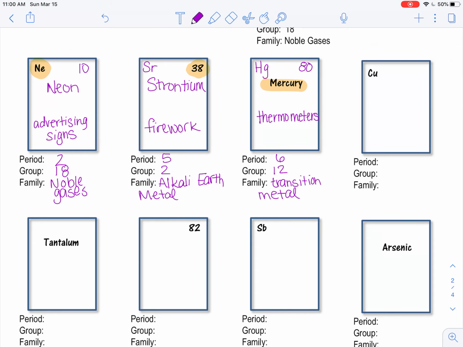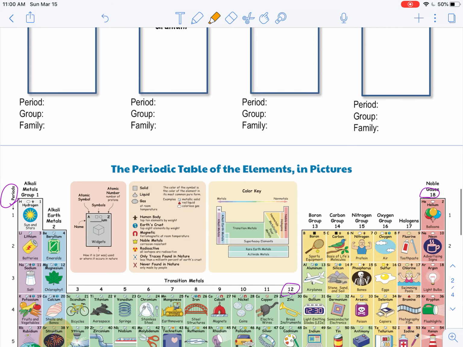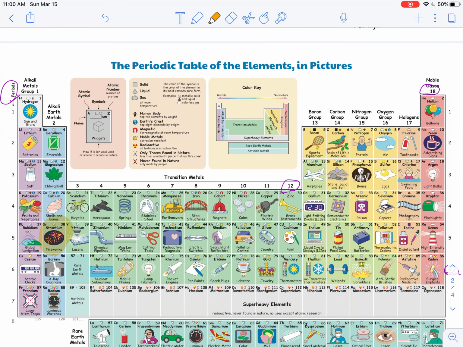All right, let's get the mercury picture out of there, and now we're looking for Cu. Come down here and take a look, and I see Cu is right here, copper.